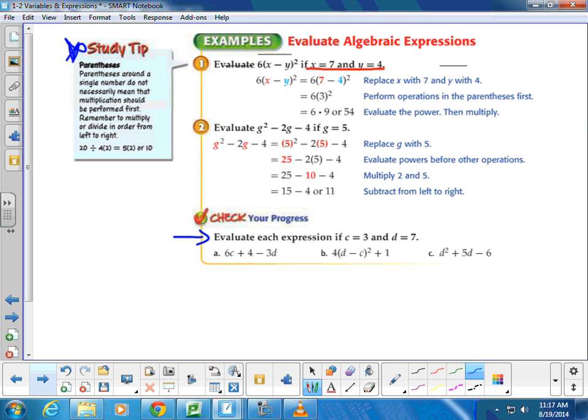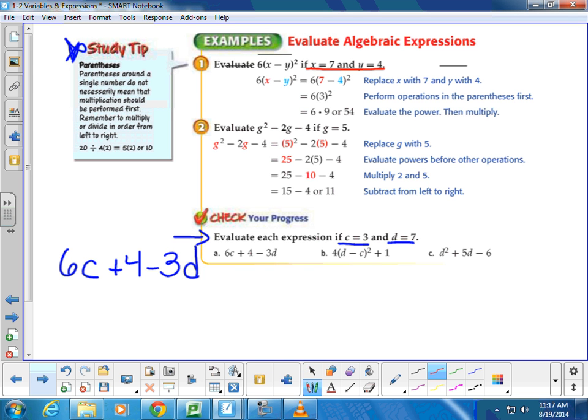So here we have 6 times c. I might rewrite this because it's kind of small. 6 times c plus 4 minus 3 times d. Well, it says if c equals 3 and d equals 7.